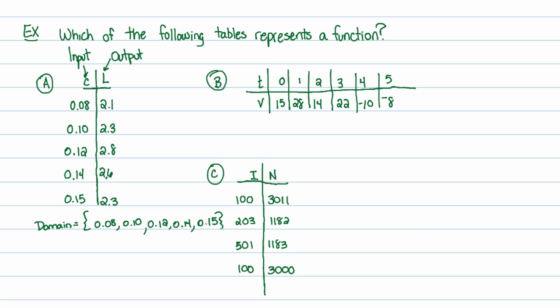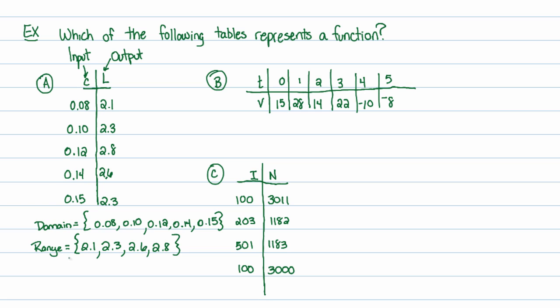I just think it's good to see every once in a while that we sneak in these concepts of domain and then range. The range is a set of possible outputs. So let's see, I have going from lowest to highest, 2.1 is a possible output, 2.3 is a possible output, 2.6 is a possible output, and 2.8 as well, and the 2.3 has already been listed. Okay. Now the question is, is this a function?